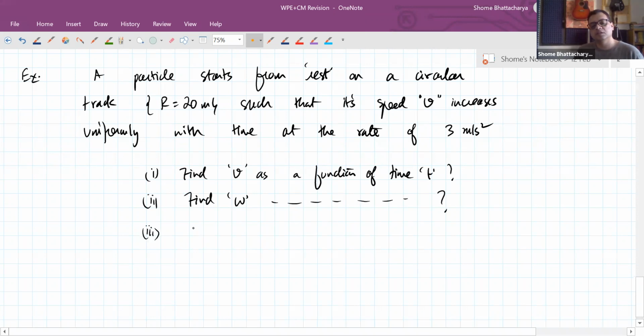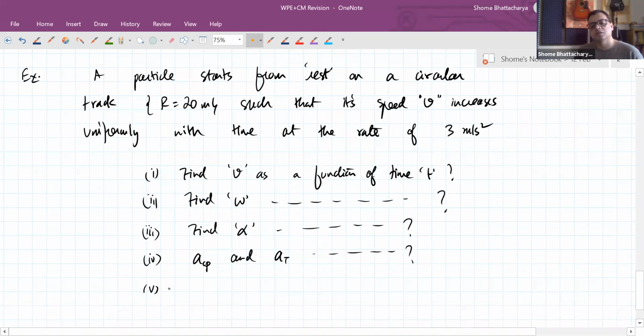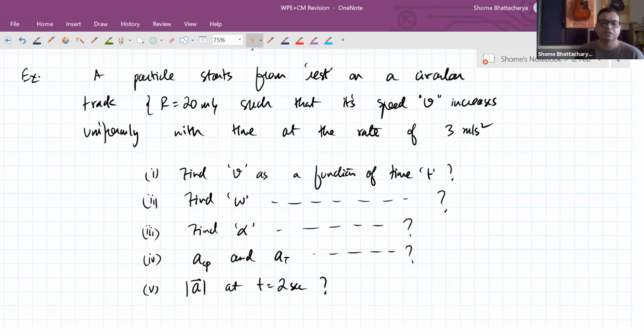Then find its angular acceleration alpha. Find the centripetal acceleration and tangential acceleration as a function of time. Find the magnitude of its acceleration A at t equal to, let us say, 2 seconds. So this is what we want to do in this question. Okay. So just give it a minute and try it out. We will discuss this question.